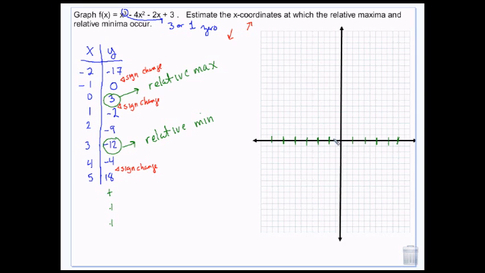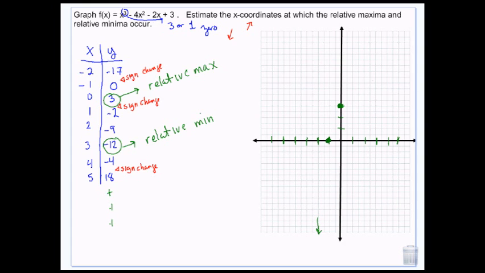Okay, so at -2, I'm at -17. I'm not even going to graph that because that's way down here somewhere, and I'm just going to do that. At -1, I'm at 0. At 0, I'm at 3. So 1, 2, 3.